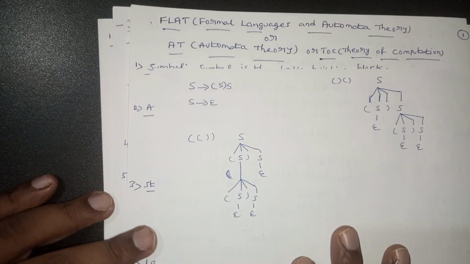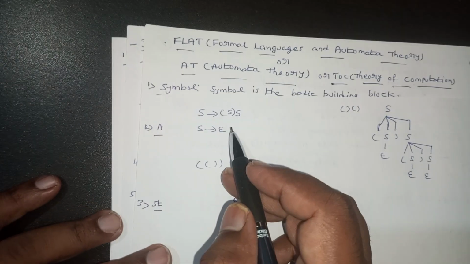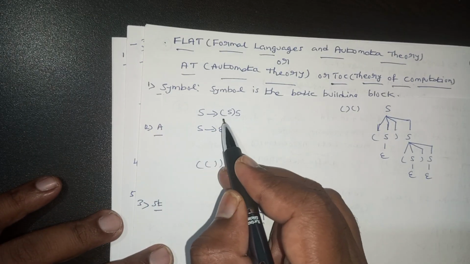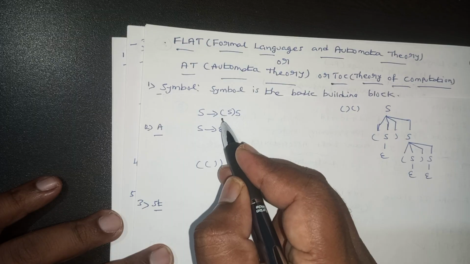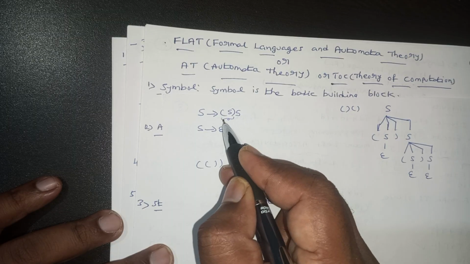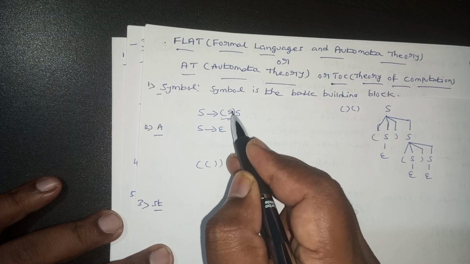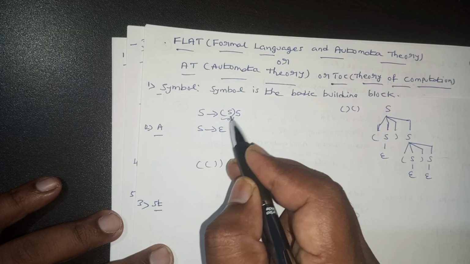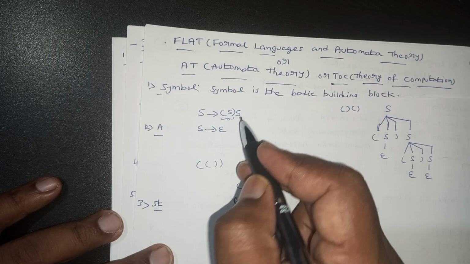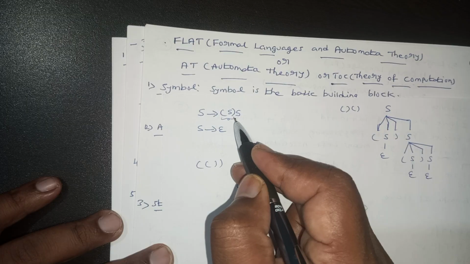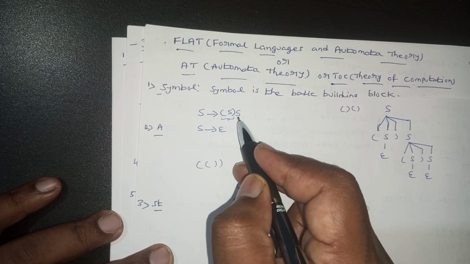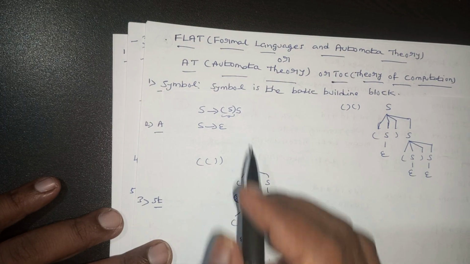Now you come to the answer. I'm updating the grammar like this. S tends to, first bracket I am executing first like this. Now again I am writing S here. It means I am concatenating S. See, very simple here by observation.